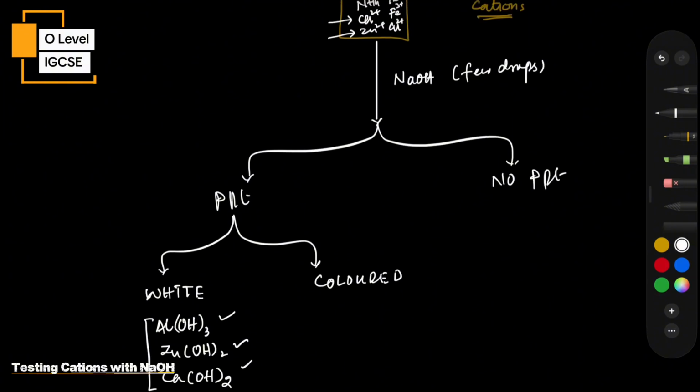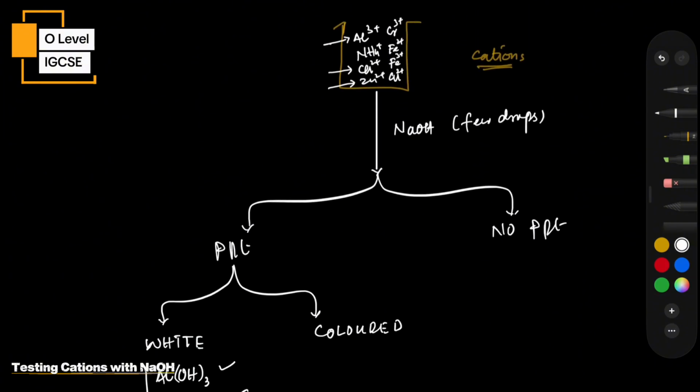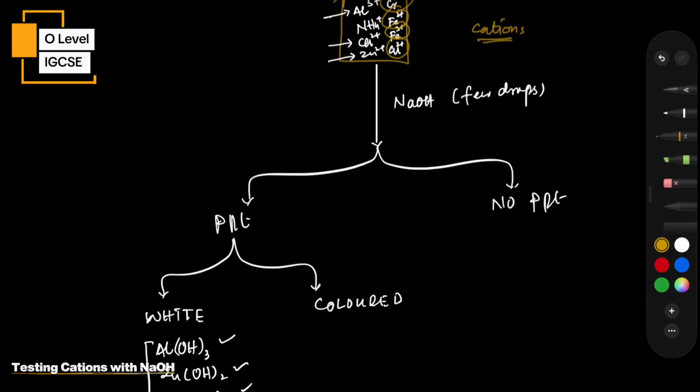In case of a colored precipitate, these are the transition elements: chromium, iron 2, iron 3, and copper 2 positive ion. Number one, Cu2 positive ion, and it is blue in color. A blue precipitate will be there in case of copper 2 positive ion.